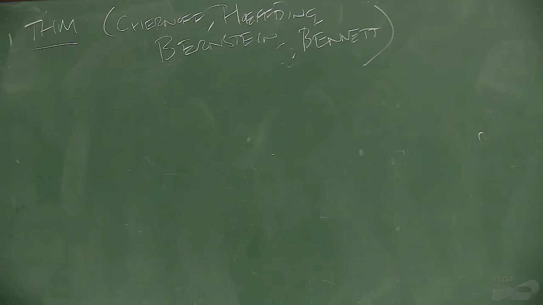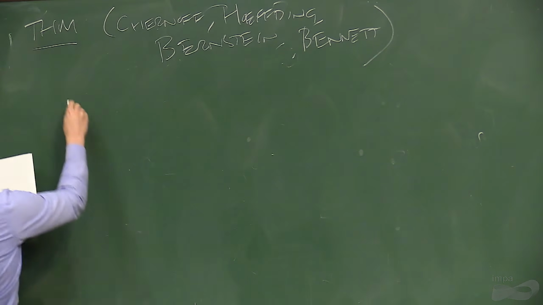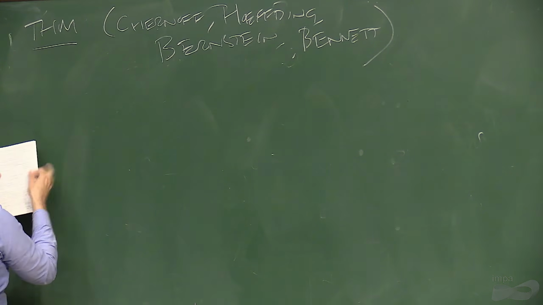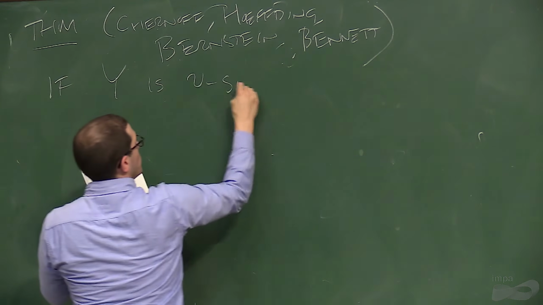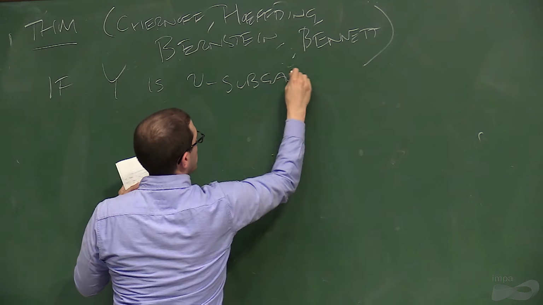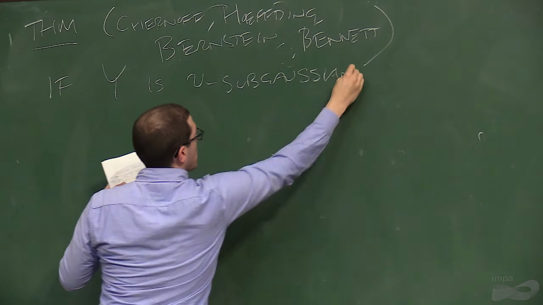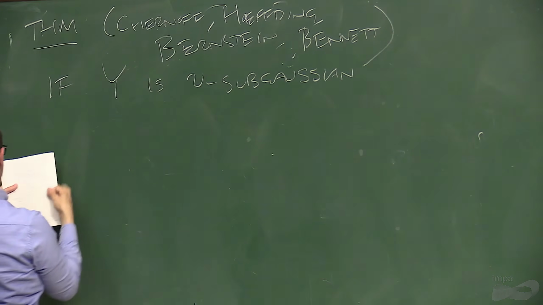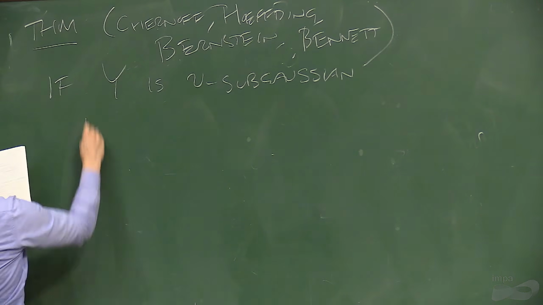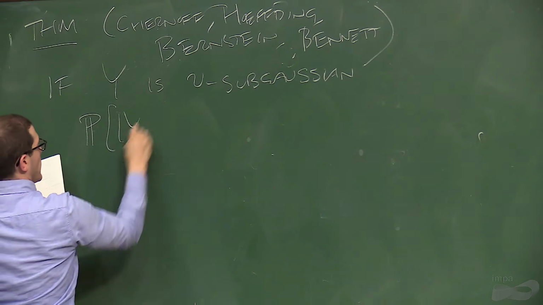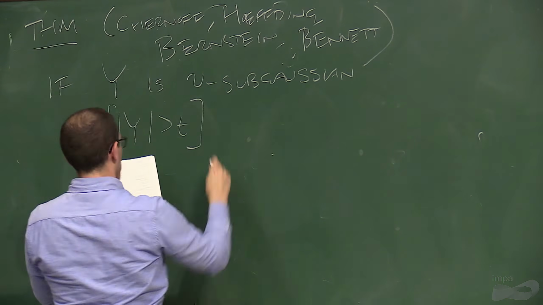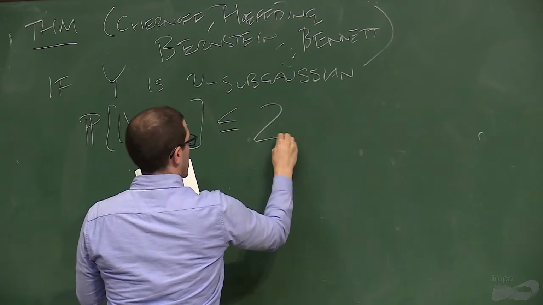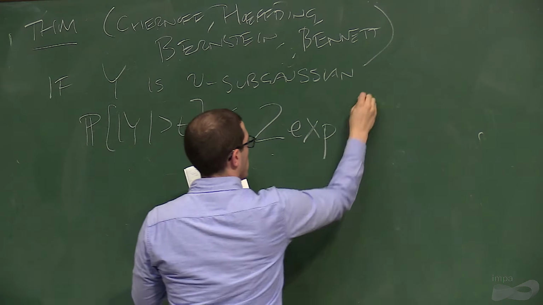They all have their own nice properties and drawbacks. I'm not going to go into the details here, but the easiest of these bounds is that if y is nu sub-Gaussian, then the probability that y is bigger than t in absolute value is bounded by, again, a thing that looks kind of like the tail of a Gaussian.